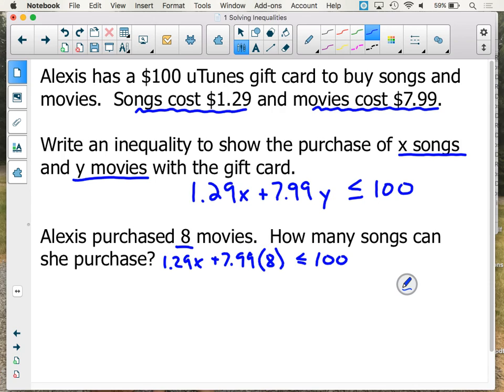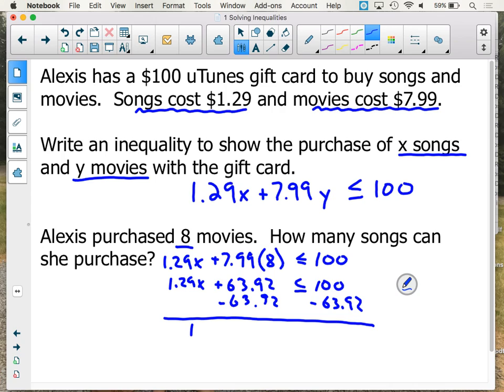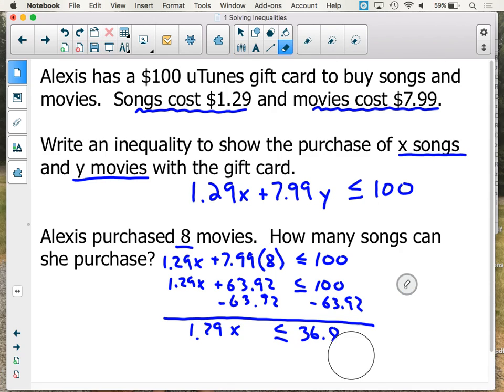When I multiply that out, I'm going to get $63.92. So 8 movies cost us $63.92. Now we solve this inequality as we subtract $63.92 from both sides. I get that $1.29 times X is less than or equal to $36.08.